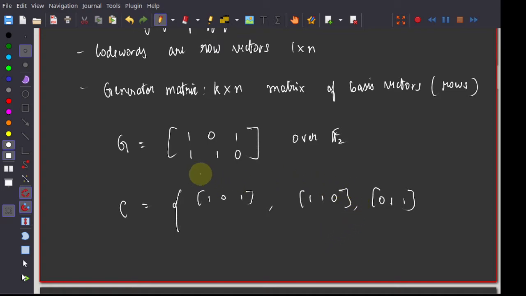So then do you get this particular vector? So you're right about this being a code word, but what are the coefficients of the basis vectors which give you this particular vector? 1 and 1. So this vector plus this vector gives you this particular.